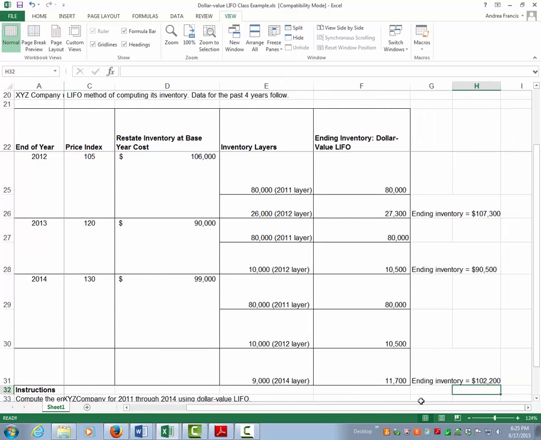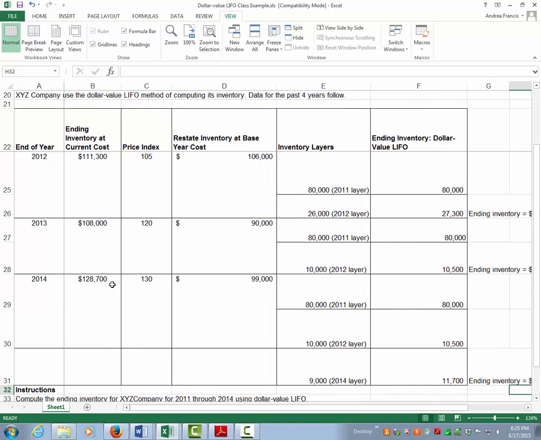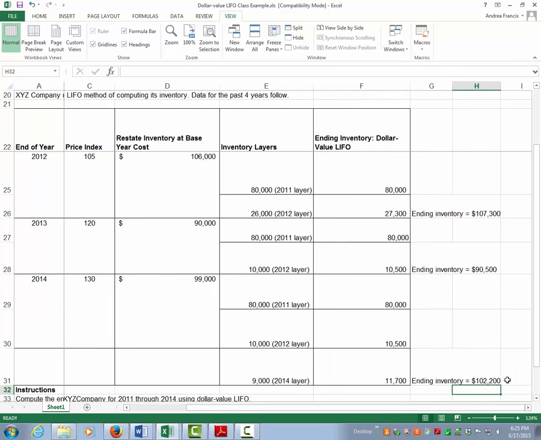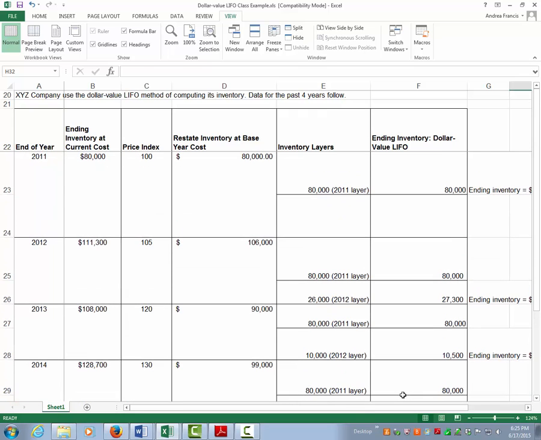And so instead of having a LIFO ending inventory of 128,700, because this has inflation built into it, the correct inventory amount under dollar value LIFO is 102,200. So we've actually managed to survive the dollar value LIFO approach, right? It's not so bad after all.